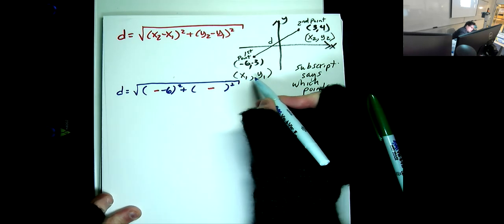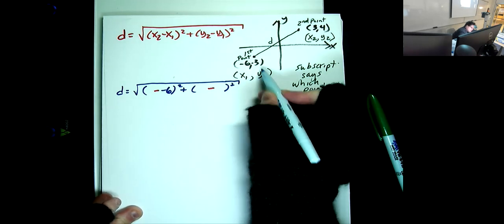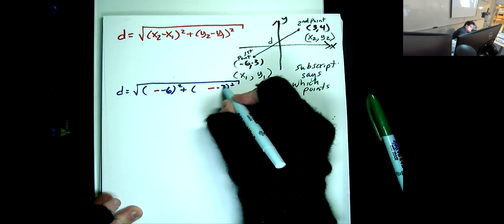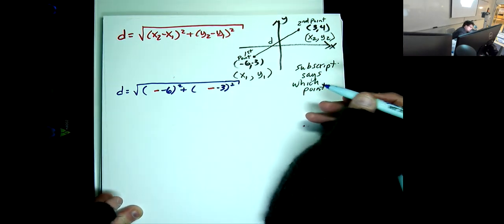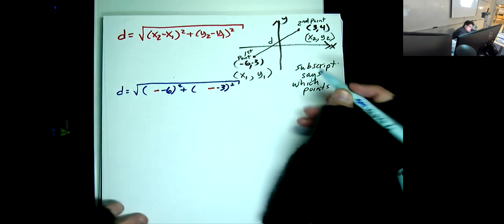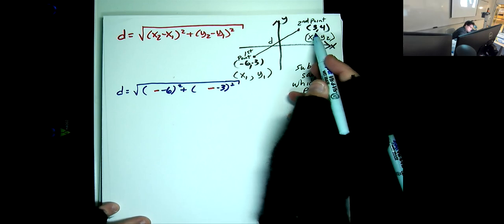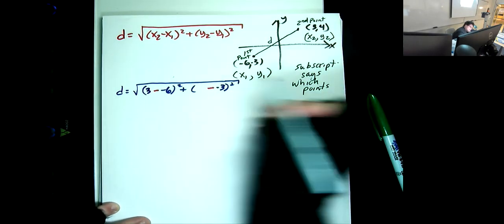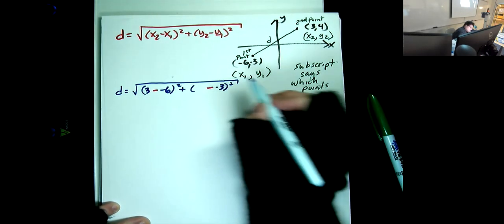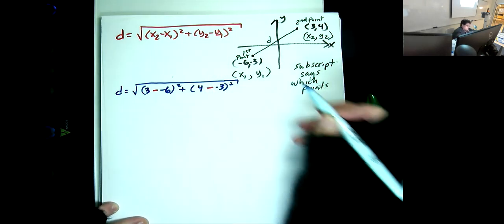My y1 is the last one in the second parentheses. That was -3. That goes over here. My x2 was 3. That goes in front here. And y2 was 4. That goes right here.